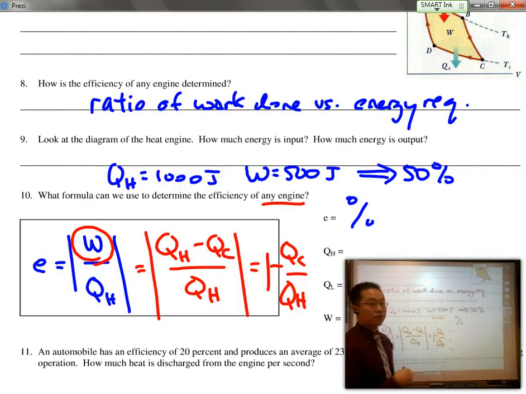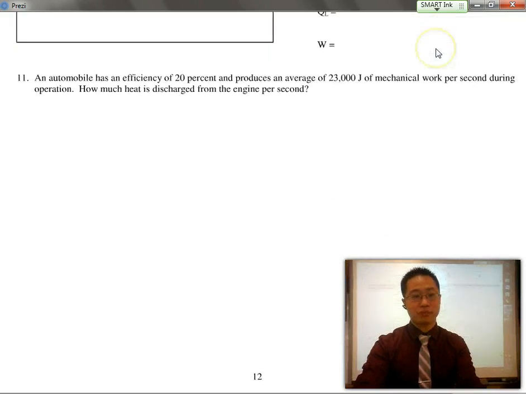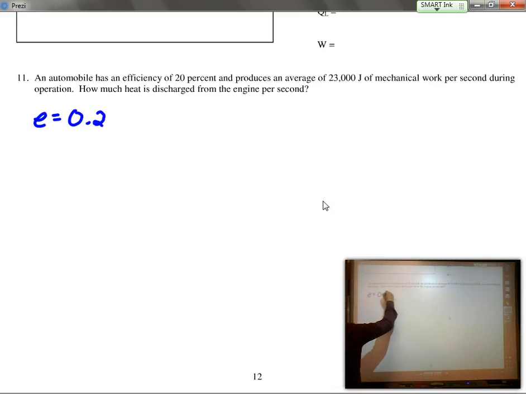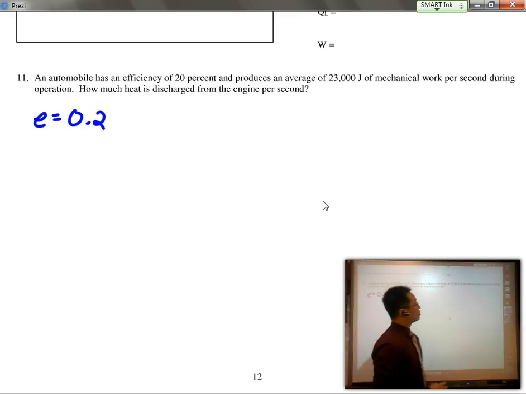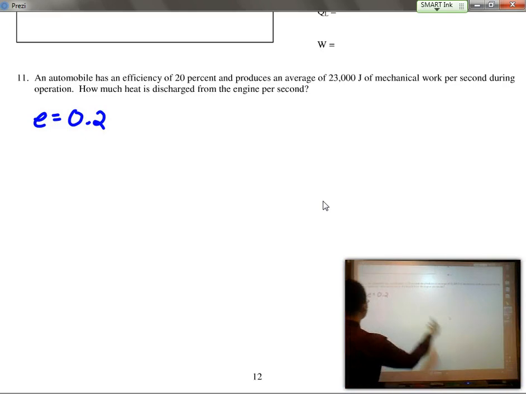Okay? Now for a refrigeration system, which has a completely different formula entirely. Now if I were to do a quick example with this, okay, an automobile has an efficiency of 20%. That means efficiency is equal to 0.2 and produces an average of 23,000 joules of work per second.